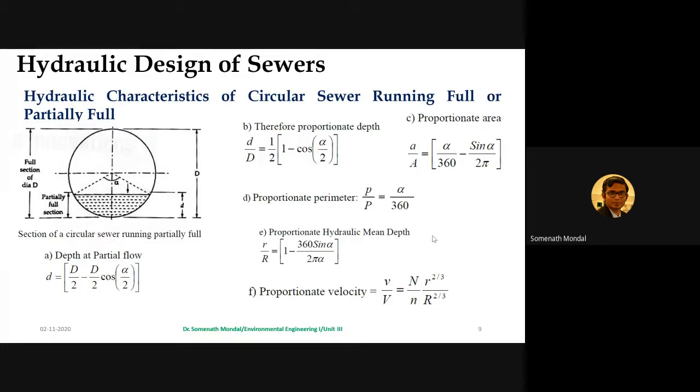All of you know that if you go back to the equations we discussed in the last class or the one before, where we talked about Manning's formula, you'll understand that the velocity is proportional to R to the power two-third. And the same thing I am mentioning over here.